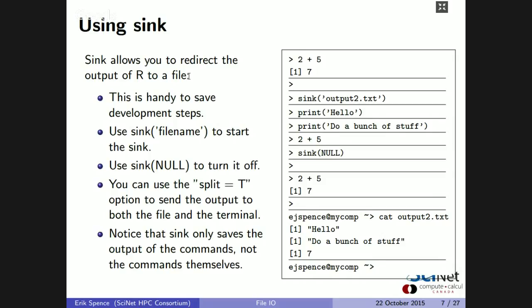Recall also that you can use the split equals true argument in sink so that it will print to the screen and to the file. So you can see both while you're doing stuff. If you want to do some work and you want to remember your commands, so you save them to the file, but you want to see the output as well, which is handy, obviously, you can use split equals true in your sink up here. So sink output 2, comma, split equals true. Okay.